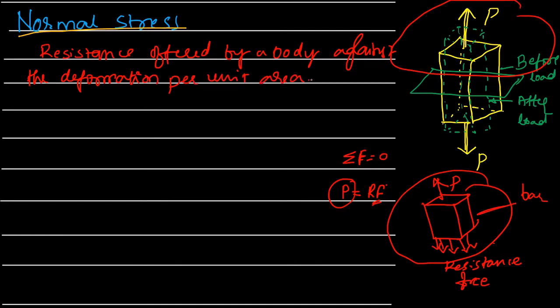Per unit area. So now you can say stress is the resistance offered by a body against the deformation per unit area.